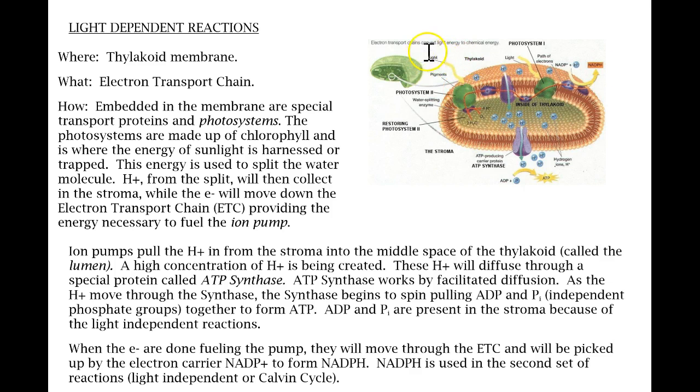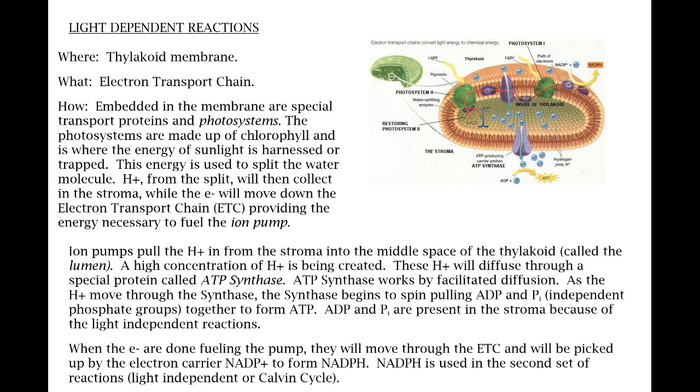And that is where the light energy is going to be coming in. It's going to be trapped in the tiny little pigments of this photosystem called chlorophyll. And that energy trapped in the chlorophyll is going to be used to split the water. When we split water, we're going to get hydrogen ions, we're going to get electrons, and we're going to get oxygen.